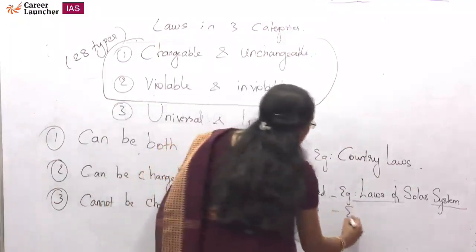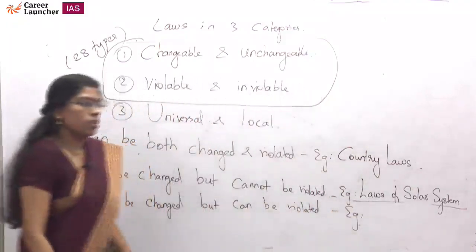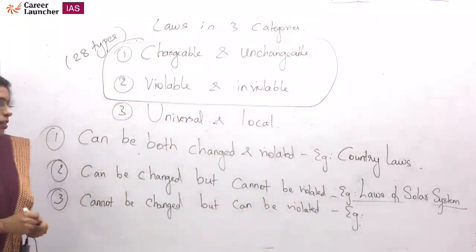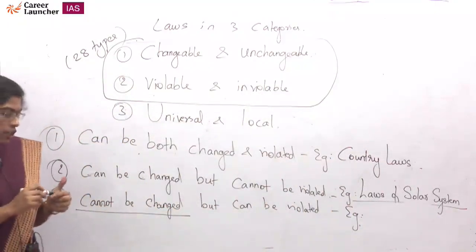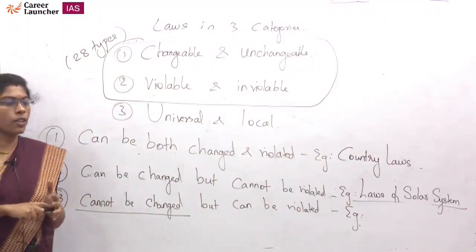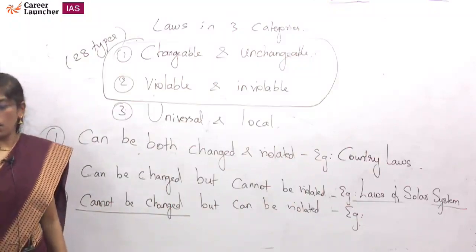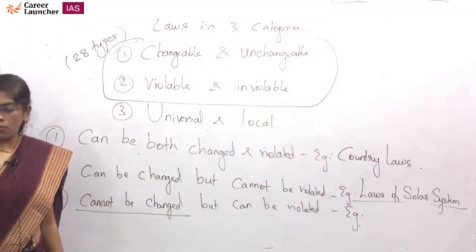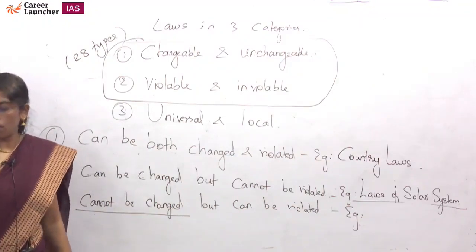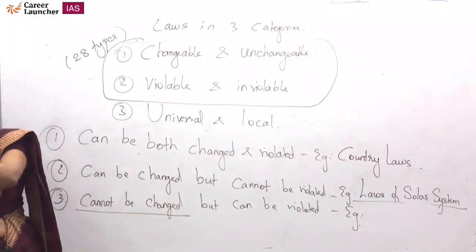Example? It cannot be changed. In any condition you cannot change that, but it can be violated. Okay. So any examples for this?